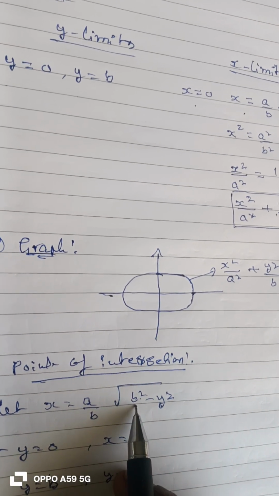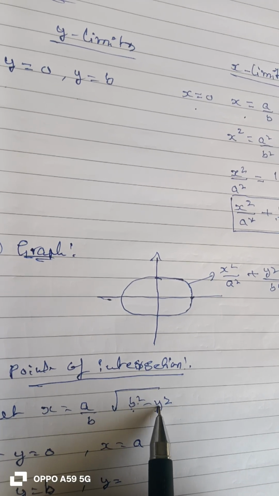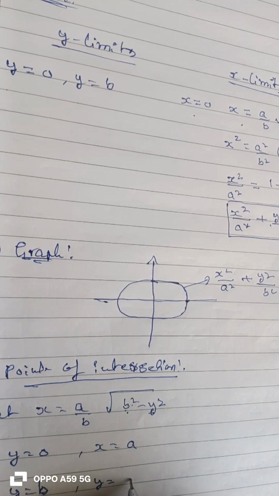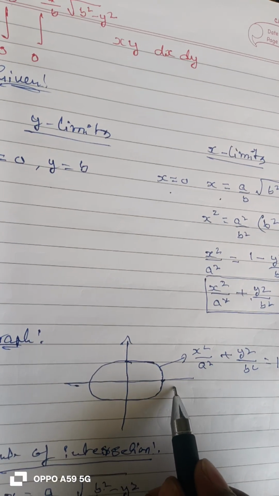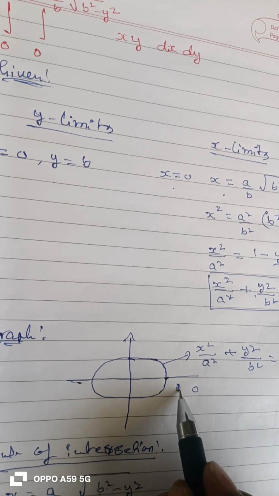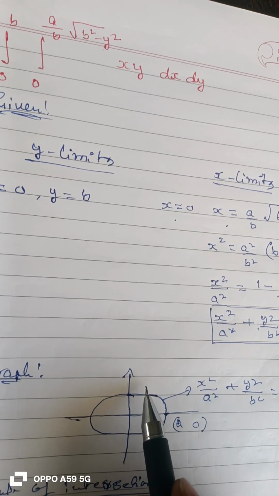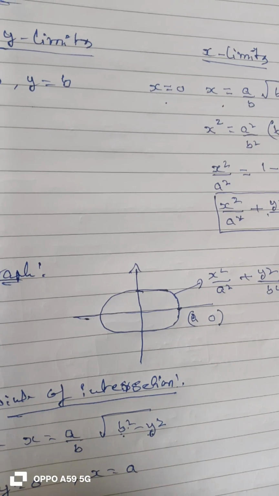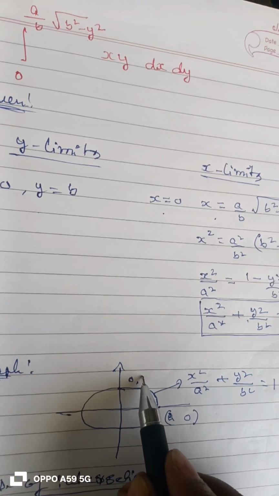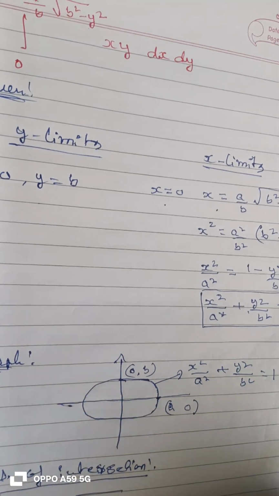And at y is equal to b, b square minus b square becomes 0, so x is equal to 0. So here y is equal to 0, x is equal to a, and x is equal to 0, y is equal to b. So these are the points of intersection.